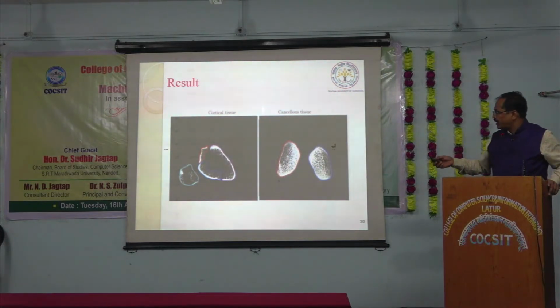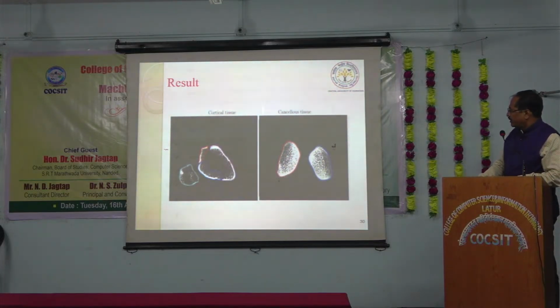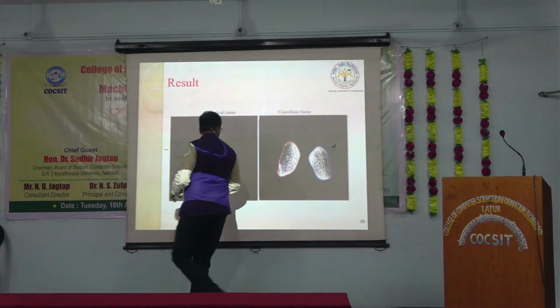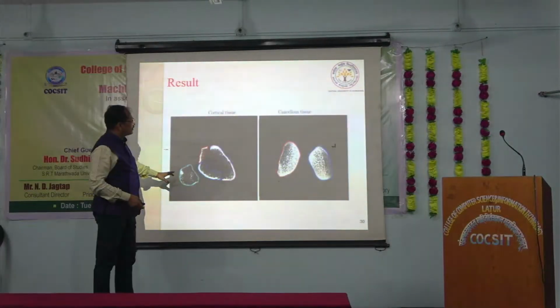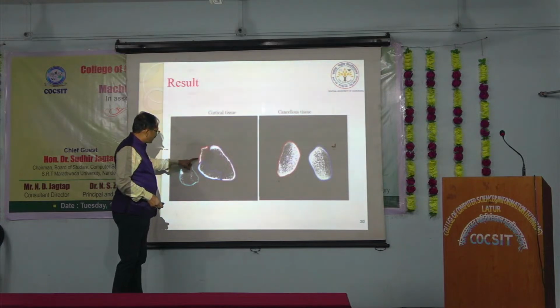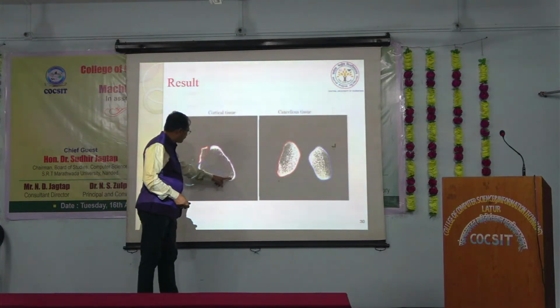Sometimes our algorithm failed. You can see here in the first image how many bones we have. Each part is colored differently: this is blue, this is red, this is green, and here we have used a magenta kind of color.